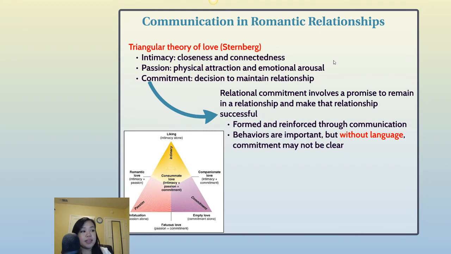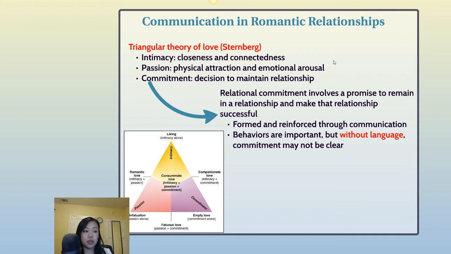And one of the things that the triangle definitely drives home that I put in red here that I want you to remember is that behaviors are important, but without language, the commitment isn't clear. We have to be able to verbally tell the other person and communicate intimacy, passion, and commitment. And you have to use language as your tool to build a relationship that way.